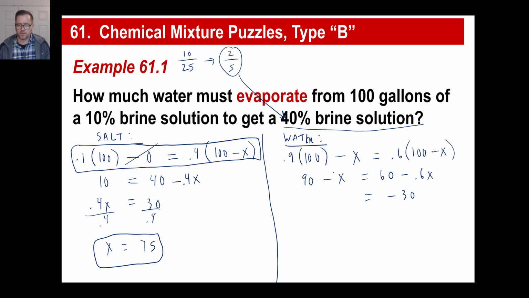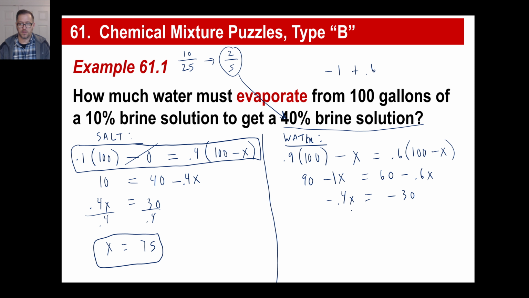Now over here, we can just call this negative 1x if you want to, okay? And you're going to want to go, okay, well, I have negative 1x, and I have a negative 0.6, which turns into, I'm going to have to add 0.6, right? So the question is, what's negative 1 plus 0.6? And the answer is going to be negative 0.4x.